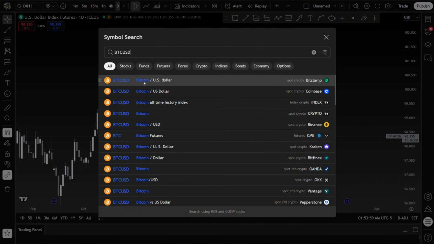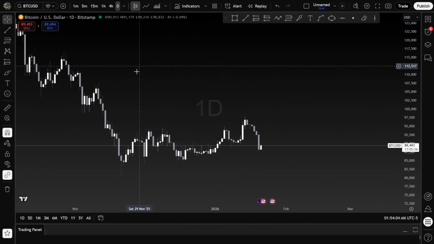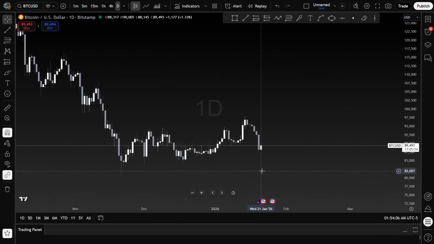Once you select an asset, the chart will appear. And this is where most of your work is going to happen.